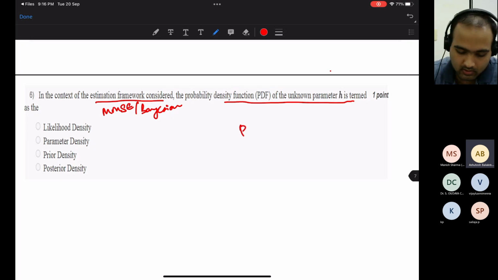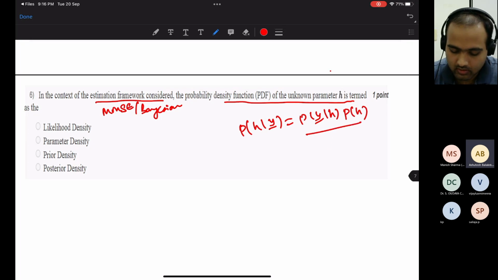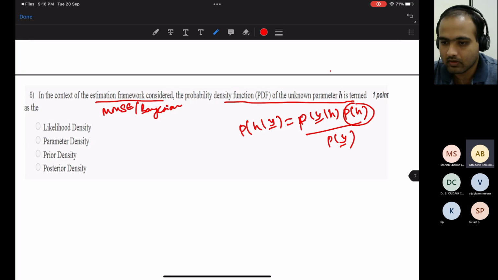Just recollect what we just saw: p of h given y is p of y given h times p of h divided by p of y. This is the Bayes rule. So what is p of h called?